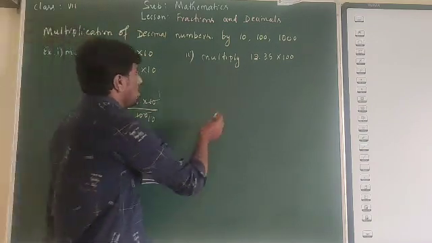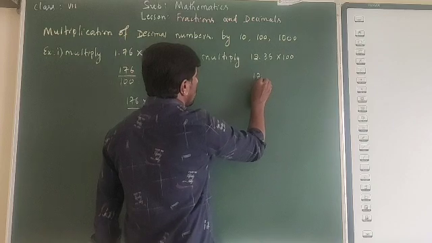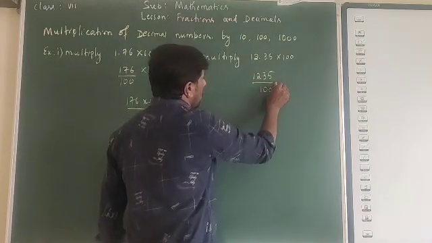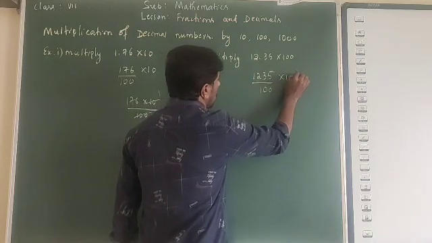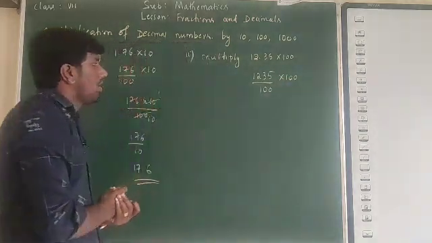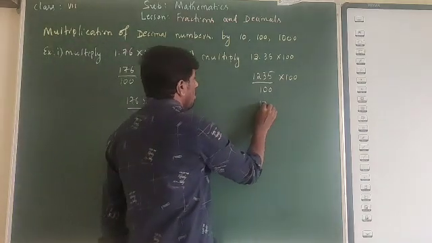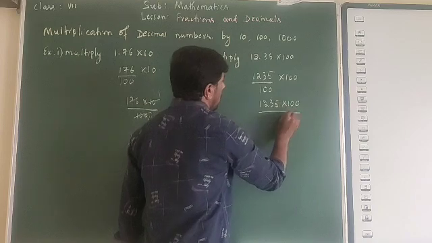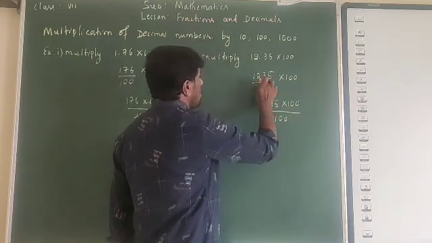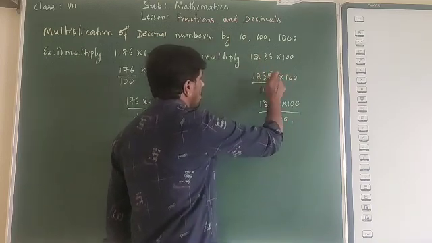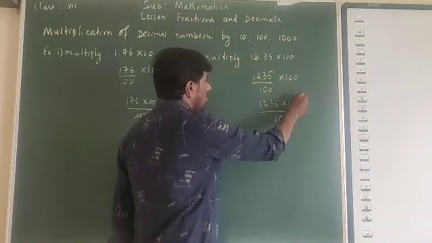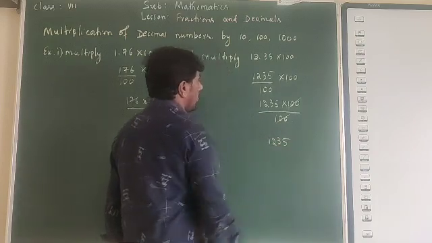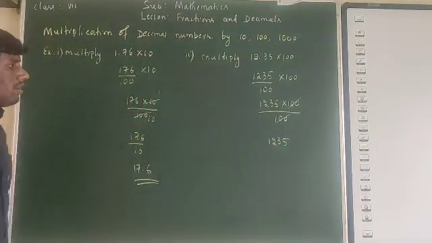So 12.35 I can write as 1235 divided by 100, correct? Into 100. So it is numerically 100, and the denominator has 100. So 1235, the numerator of the fraction, is a whole number, then denominator 100. So 100 by 100 cancel. What is remaining? 1, 2, 3, 5. The answer is 1235.